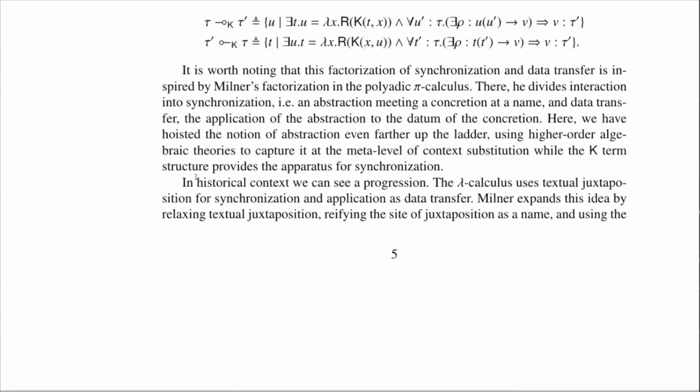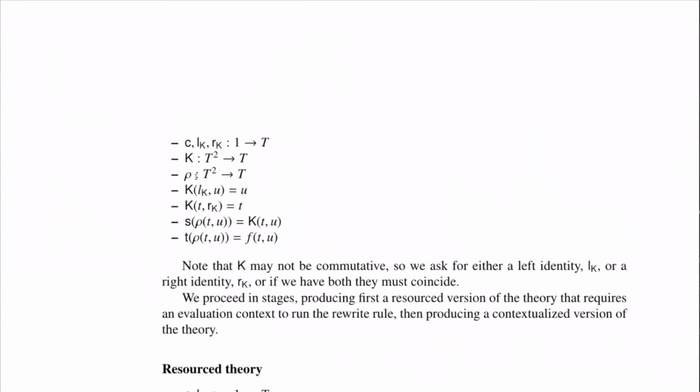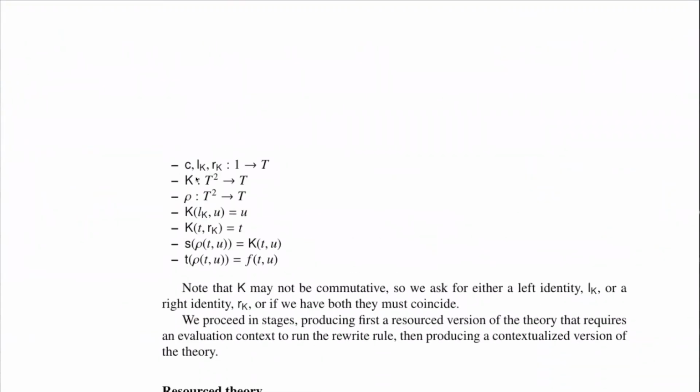So if we go all the way back up here, what we're saying is the input to the type generation algorithm is a higher order abstract theory. You can think of it as a lambda theory.